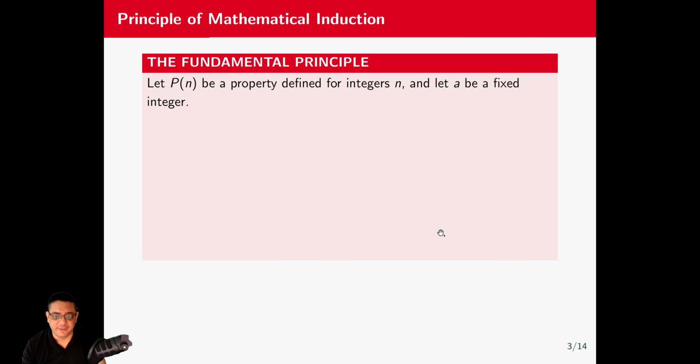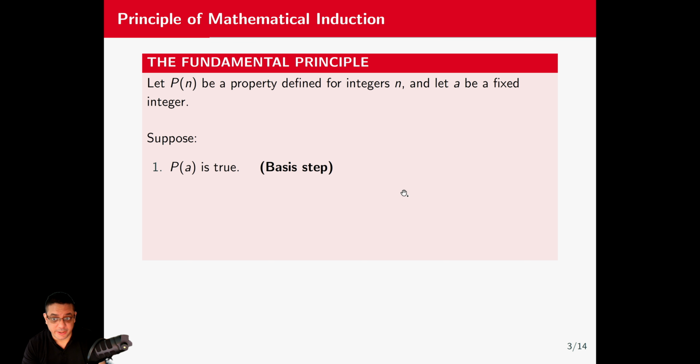So the principle of mathematical induction is defined precisely as follows. Let's assume that we have P of n be a property defined for integers n, and let a be a fixed integer. Now, the basic step is we're going to prove that the property is true for that particular number.